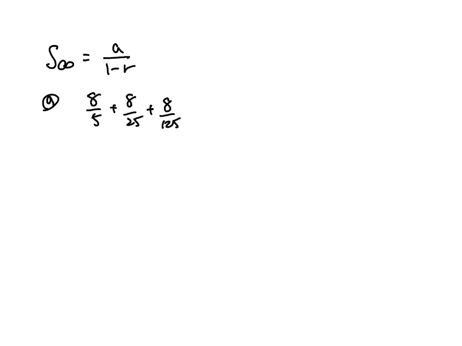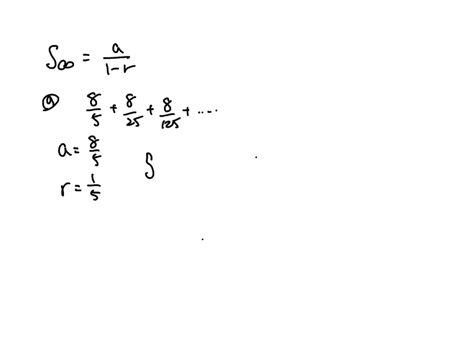Knowing that, let's go ahead and move on. We know the infinite sum is a over 1 minus r. Let's look at part A. We have 8 over 5 plus 8 over 25 plus 8 over 125 plus and so on. We know the first term is 8 over 5, and hopefully you will recognize that r is 1/5 because you multiply by 5 on the bottom each time.